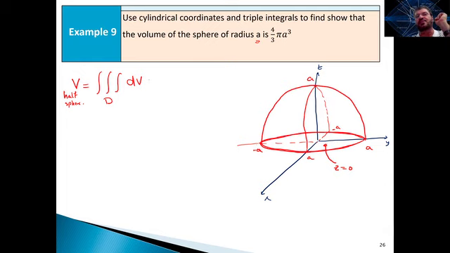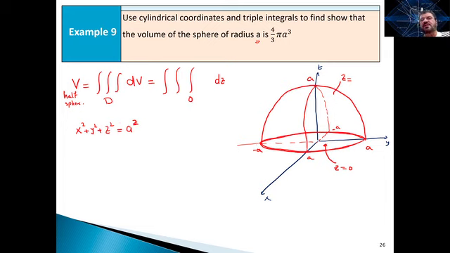So this is equal to triple integration. I'm going to start with dz, which starts from 0 to what? Whenever you have the upper sphere, we know that the equation of the sphere is what? X squared plus y squared plus z squared is equal to a squared, isn't it? This is the equation of a sphere.